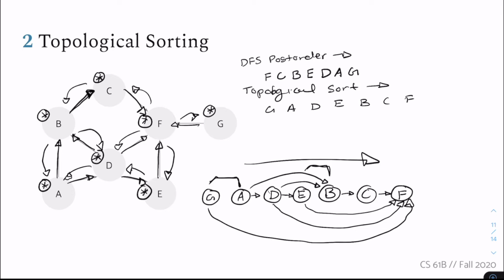And then part C is, why does using a reverse post-order DFS to compute the topological sort even work at all? I'll give you guys a second to consider it, and then I'll tell you the answer. Okay, welcome back.